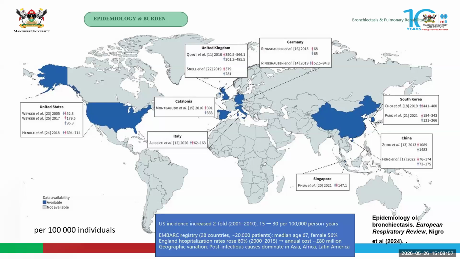We see it commonly in areas such as the United Kingdom, the USA, Italy, Catalonia, and Germany, and also areas of China and South Korea, parts of Asia, but locally we do not have much data to guide and help. Regardless, we see about 67 people per 100,000 affected across Europe.